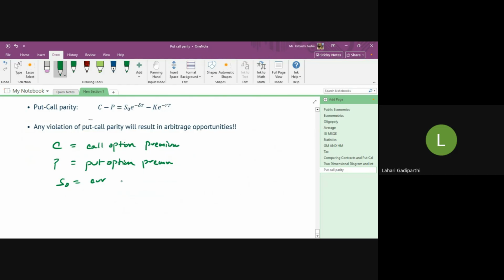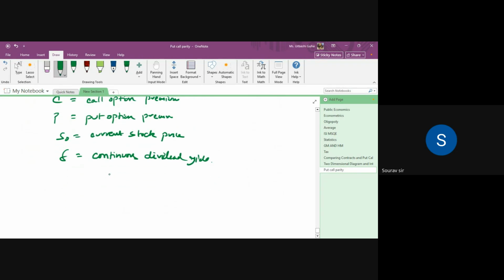Q is the continuous dividend yield. K is the strike price.